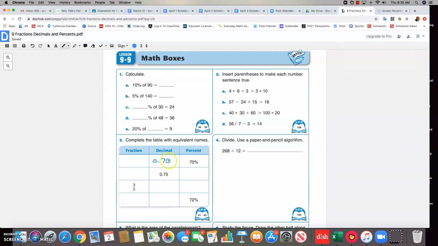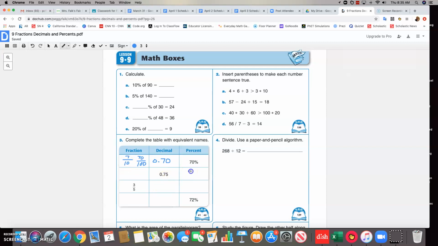You could also just take out the 0. 7/10 would be the same as 70 hundredths. And then the fraction would be 7/10. Or you could even write it 70 hundredths. 7/10 would be the reduced fraction. So if you can reduce it into lowest terms, that's the best.